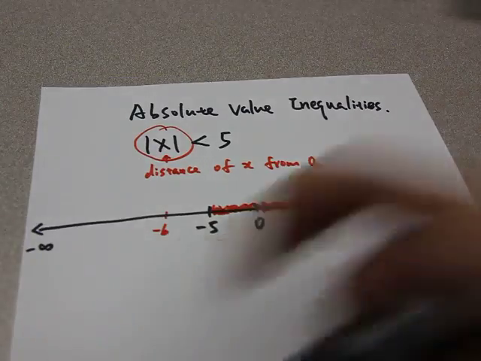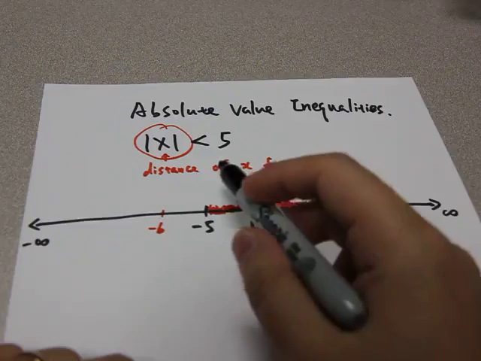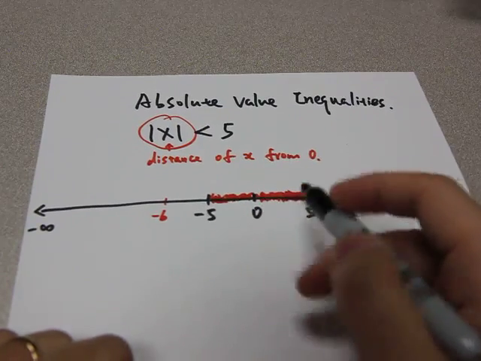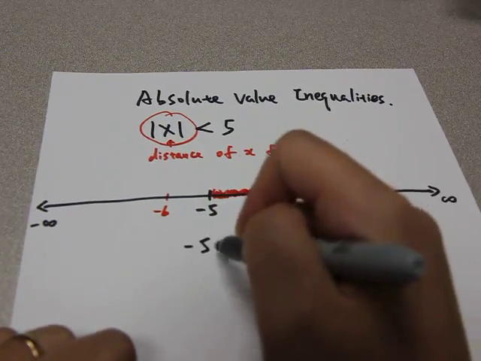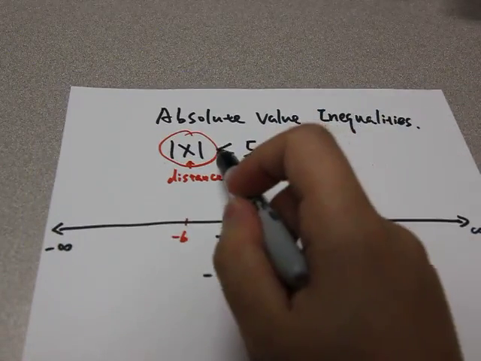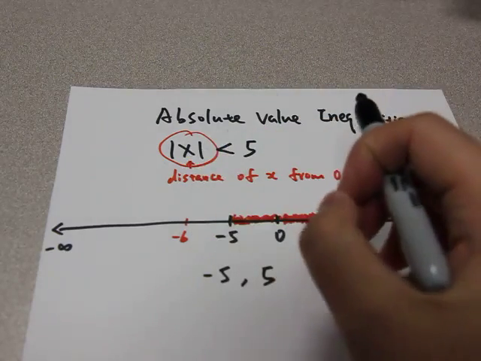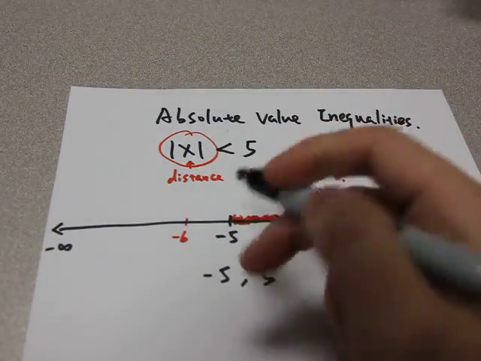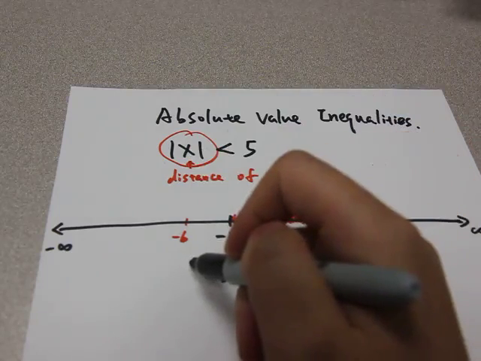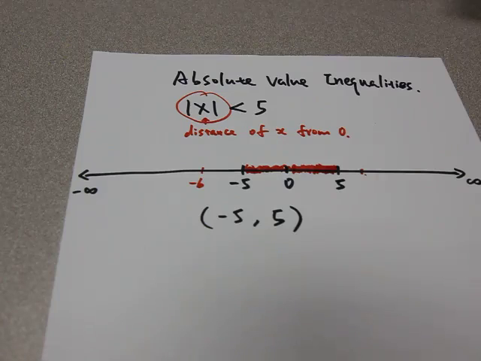Therefore, the solution of this inequality from this graph is between negative 5 and positive 5. And since we don't have an equal sign, x cannot be equal to 5, so we put a parenthesis.